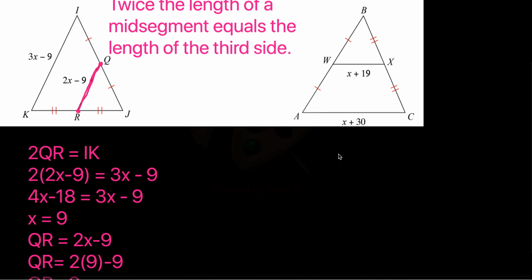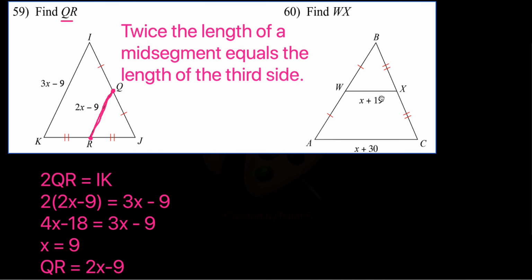And similarly, you run through a similar procedure for this one, where in this case WX is the mid-segment. This line here is a mid-segment, and they're asking for what that length is. So what you do in this case is you just use the fact that twice the mid-segment is the third side.